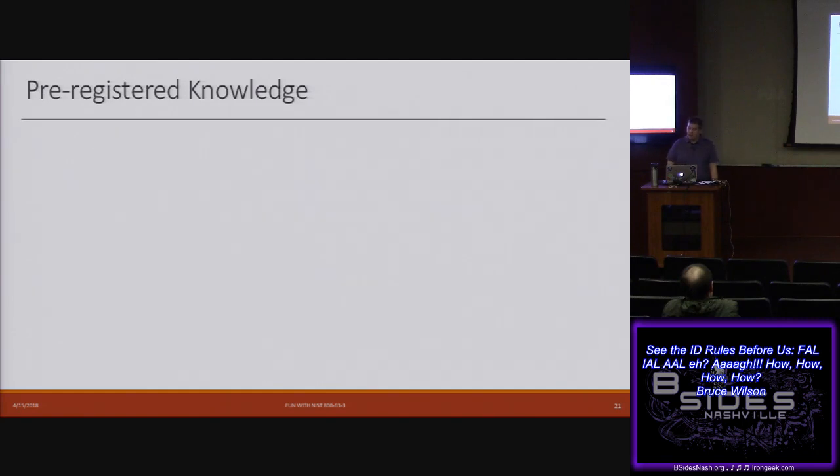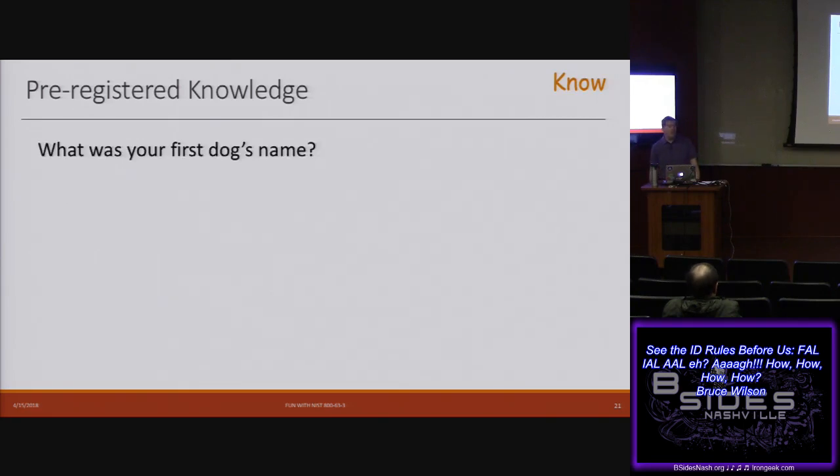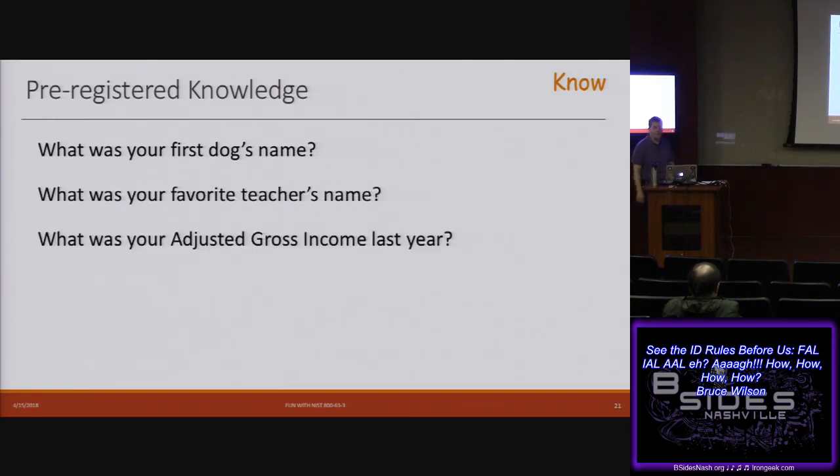Pre-registered knowledge, again, talking about this in the context of authentication, as again, something you know, and this is your standard example of, for example, the security questions that have become fairly popular relatively recently. What was your first pet? What's your favorite teacher's name? Now, this is an interesting example.